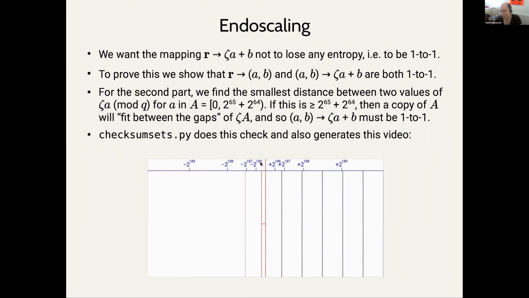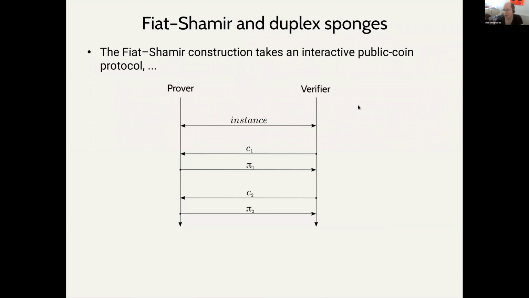Oh, it's actually 2 to the minus 186 roughly. So this was the minimum distance that it computed. So that works. So let's go on to some more optimizations.